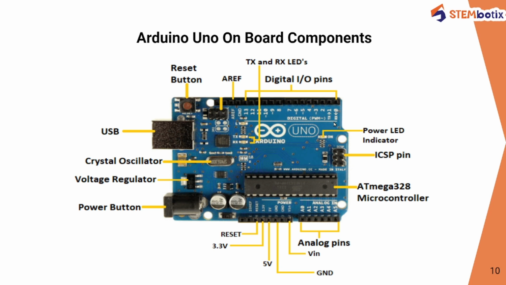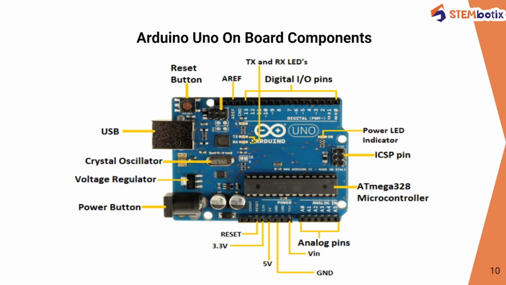The first is at digital pin 0 and 1. You can see the TX and RX labels at digital pin 0 and digital pin 1, which are responsible for serial communication between the board and the code. The second is the TX and RX label at LED 13.